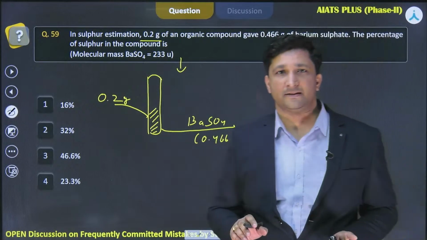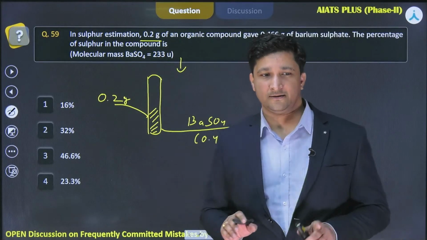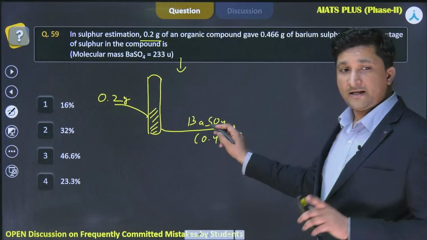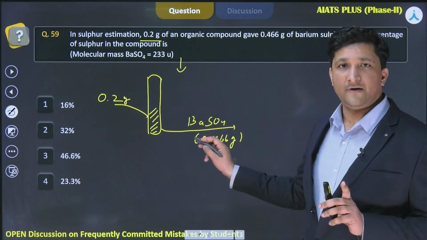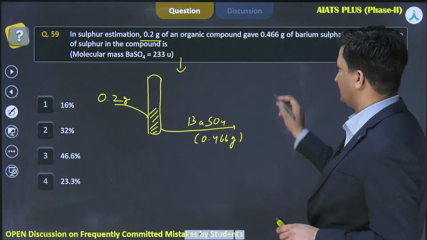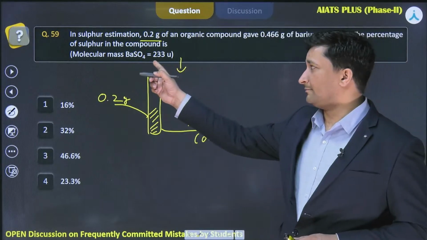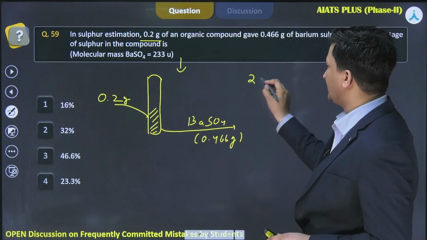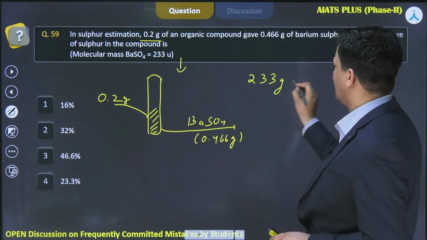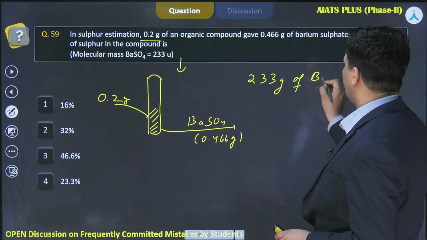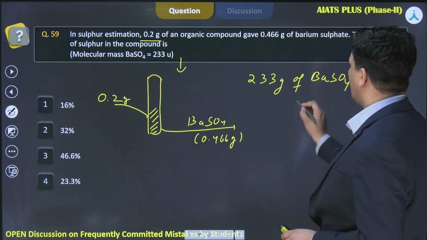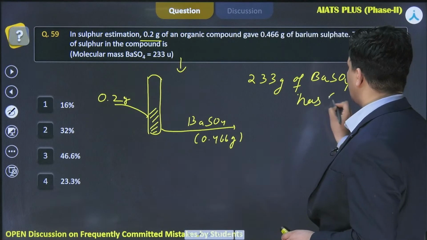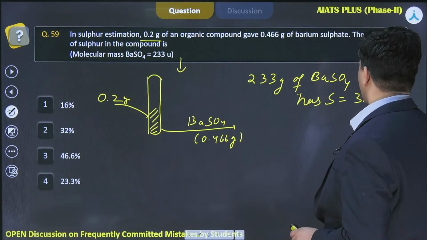Now, simple unitary method, which you all have learnt in stoichiometry: one atom of sulfur is there in barium sulfate, and the molar mass of barium sulfate is 233 gram. So 233 gram of barium sulfate has sulfur, how much? 32 gram.